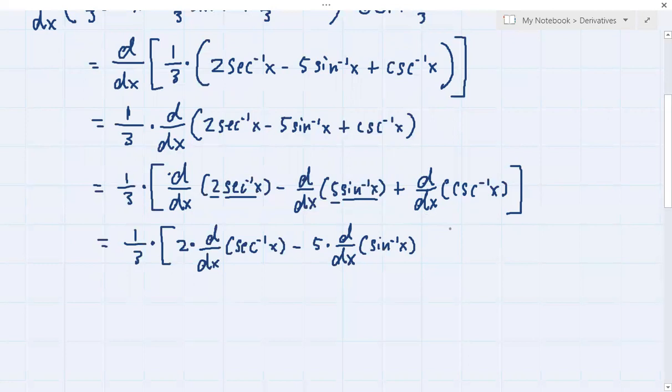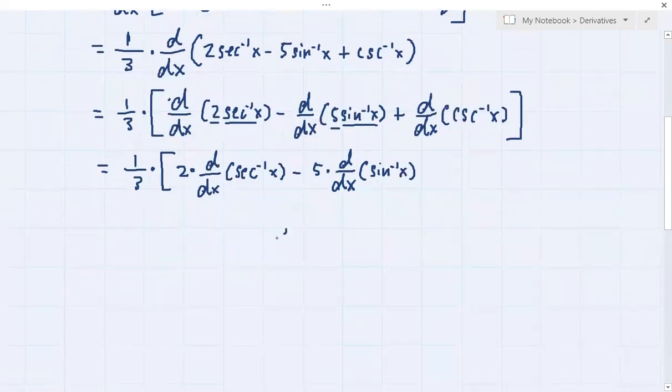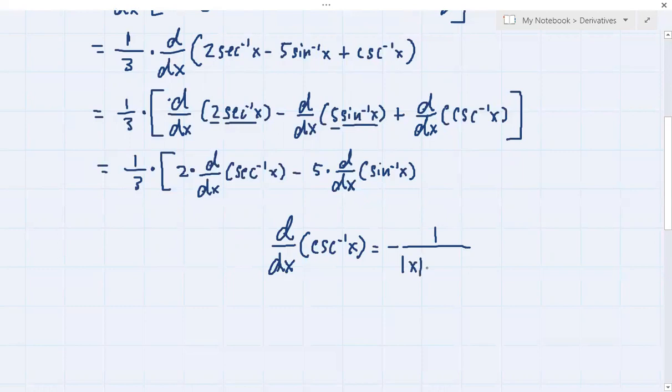If you recall, the derivative of arccosecant is negative 1 all over the absolute value of x times the square root of x squared minus 1. So plus negative 1 all over the absolute value of x times the square root of x squared minus 1.